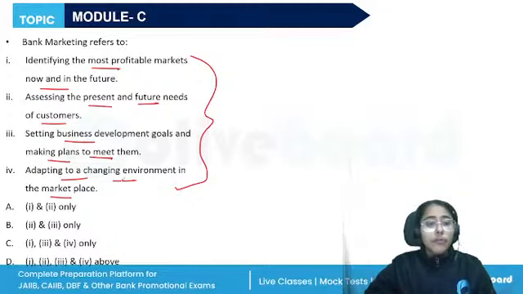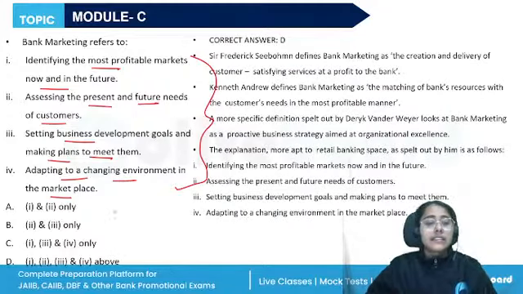So this question is from Module C, Unit 17, Marketing and Introduction. How marketing in retail banking is approached? So the correct answer will be option D, that is all of the above. So certain definitions of marketing have been given. Sir Frederick Seaborn has defined marketing as the creation and delivery of customer satisfying services at a profit to the bank.